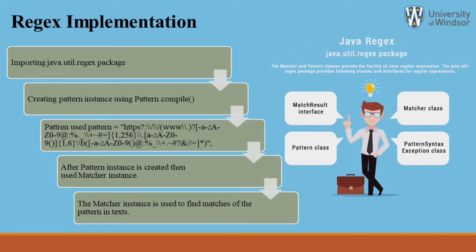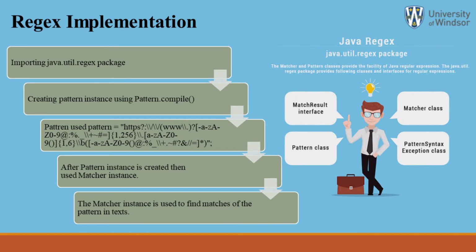To use Java regex, we have to import the java.util.regex package. Then we use the Pattern compile method to define the pattern. It compiles and returns an instance of the pattern.